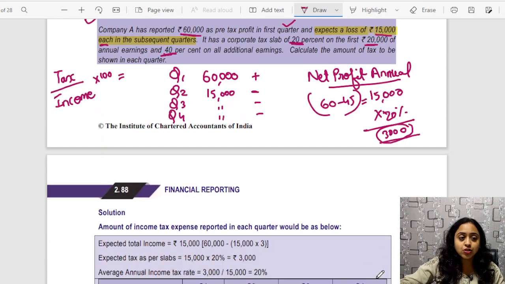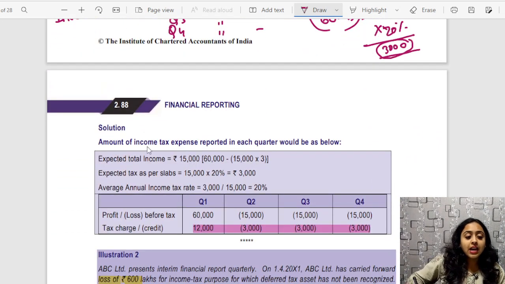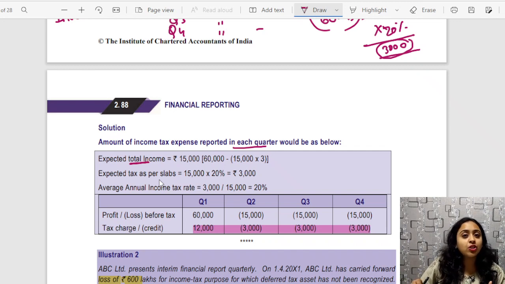See how the solution is given. The amount of income tax expense reported in each quarter would be as follows. Expected total income is 60,000 in the first quarter and 45,000 loss for quarters 2, 3 and 4. Now this becomes 15,000, your total income for the annual year.